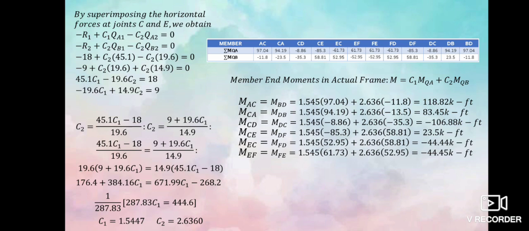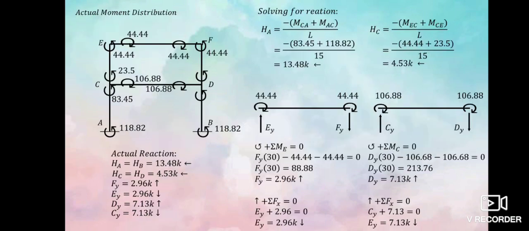The answer goes right there. Now this is the actual moment distribution. Look at the upper left part, that is the actual moment distribution and the actual reactions, the answer we've come up with.